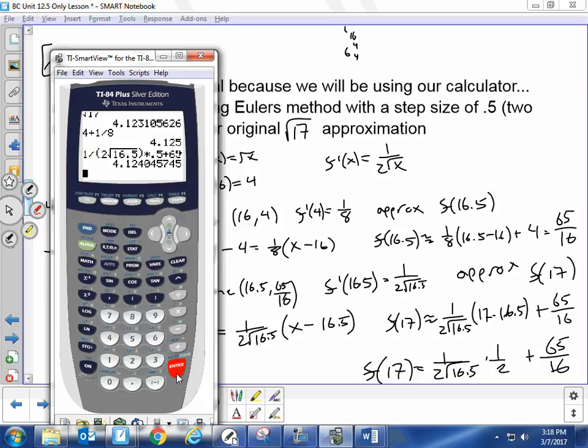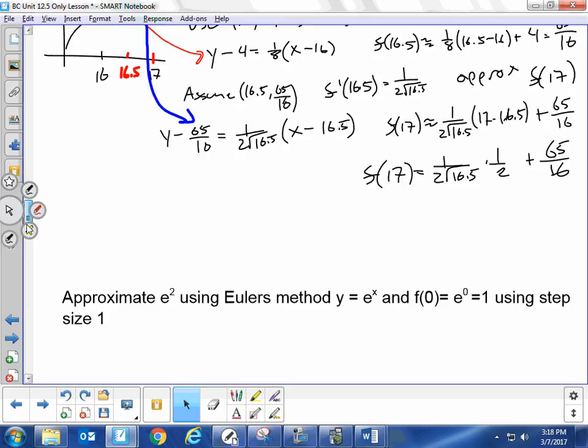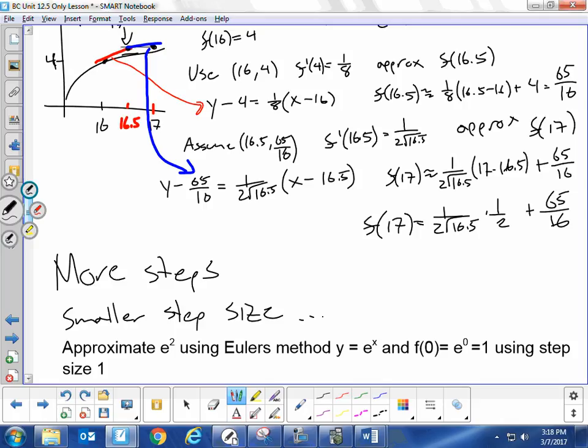Good. Look at 4.124. That's closer than 4.125, right? Fantastic. Okay. Now, understand more steps, smaller step size, better approximation.